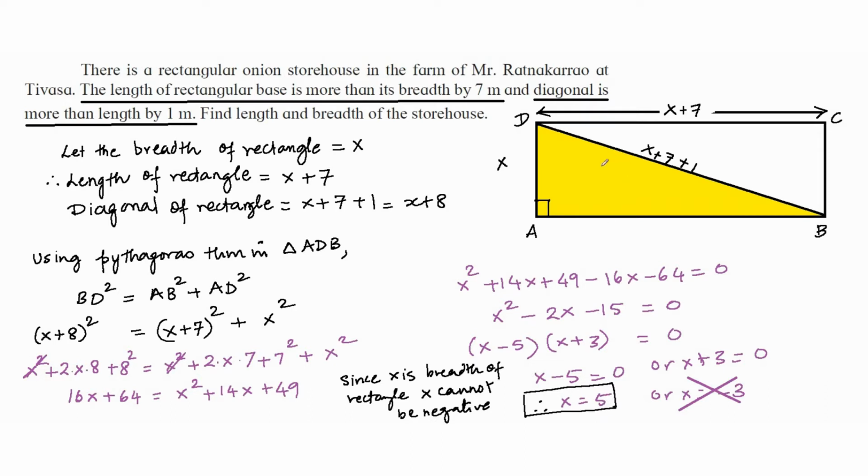So x is the breadth of this particular rectangle. So the breadth of the rectangle is 5, and they have also asked the length of the rectangle. So length of the rectangle is x plus 7. That's 5 plus 7, which is 12 meters. So the length is 12 meters and the breadth is 5 meters.